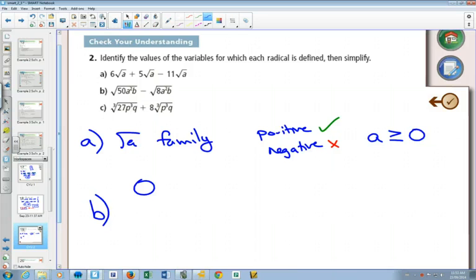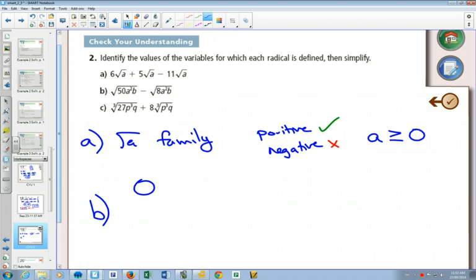All right, part B. We're going to look at where it's defined. This one has 2 variables. We have to decide where it's defined for A and where it's defined for B. We're dealing with square roots, so we can't take negatives.